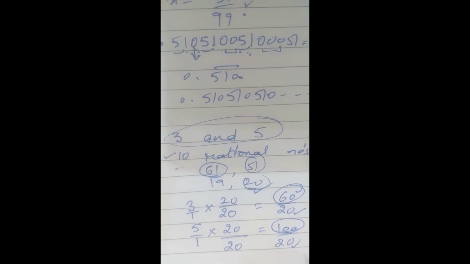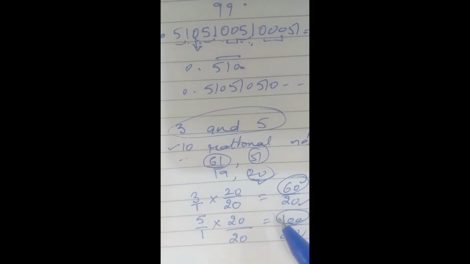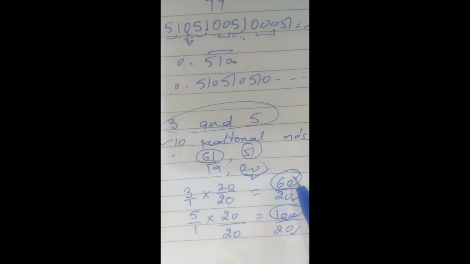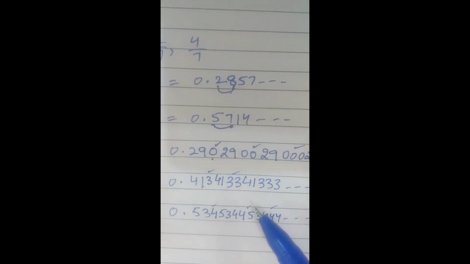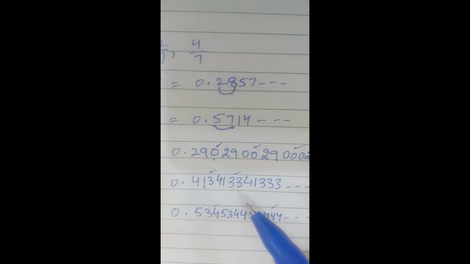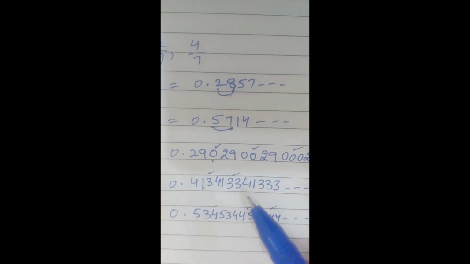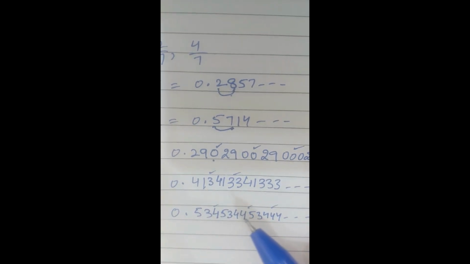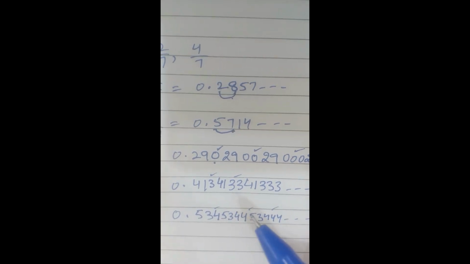So I hope now the concept of rational and irrational numbers is clear to you: how to write rational numbers between two rational numbers, and how to write irrational numbers between two given rational numbers. But one thing you should keep in mind: a non-terminating decimal, if it is repeating, is definitely a rational number. A non-terminating decimal, if it is non-repeating, is an irrational number.